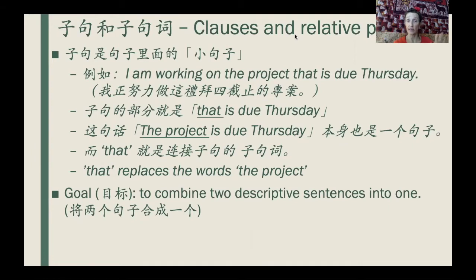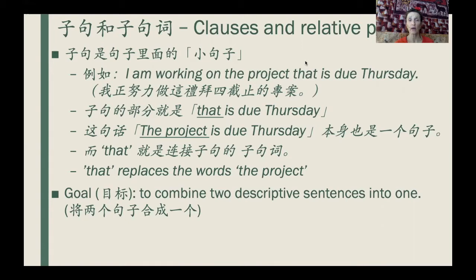So here's the example that they gave you and that Teacher Warren talked about. I am working on the project that is due Thursday. The word that right here is the 词助词. It's the clause, the relative pronoun is what it's called in English.